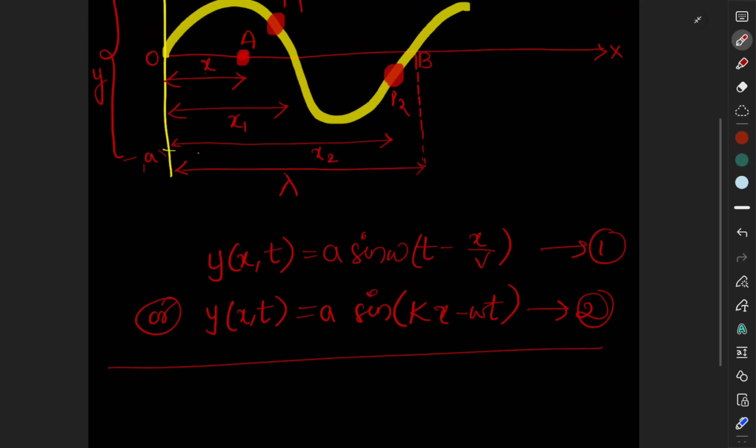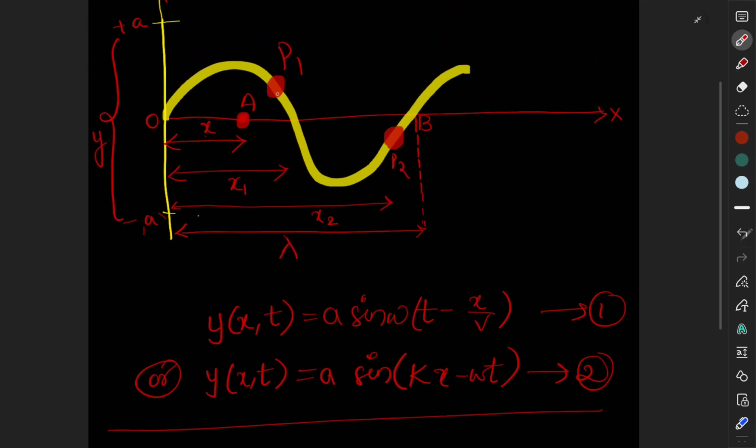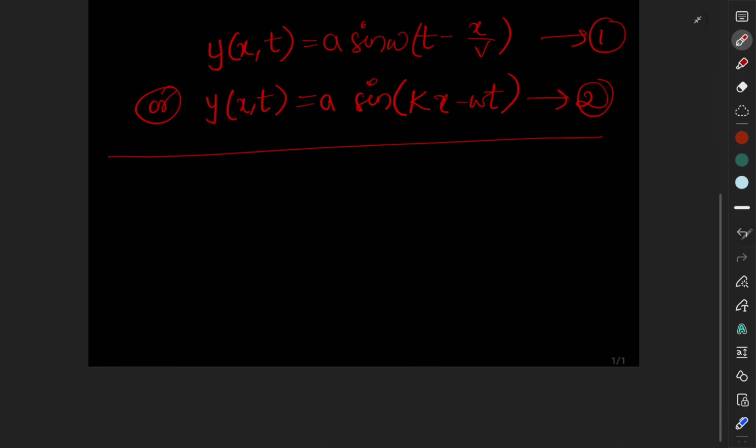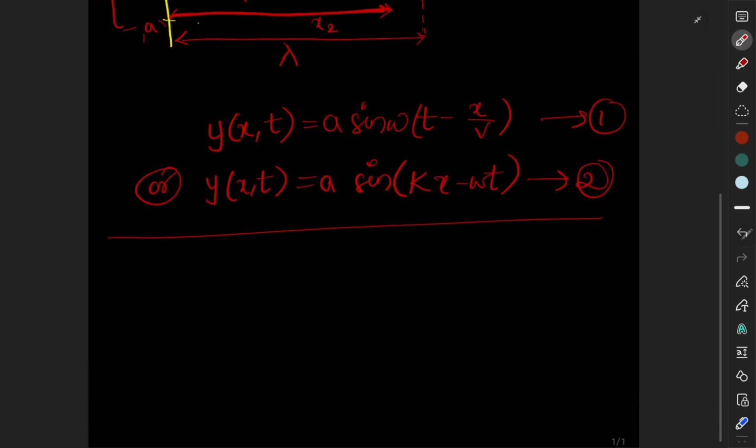You can see this is P1 which is at a distance of x1, and this is P2 which is at a distance of x2.